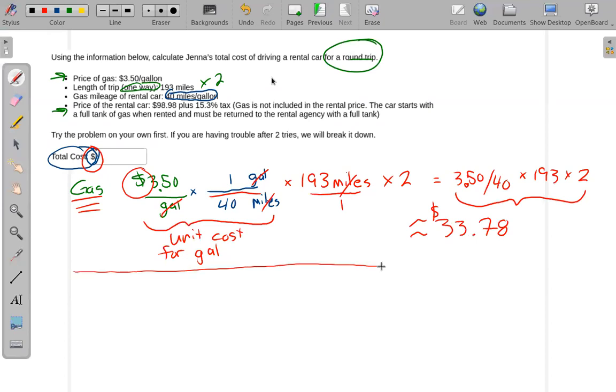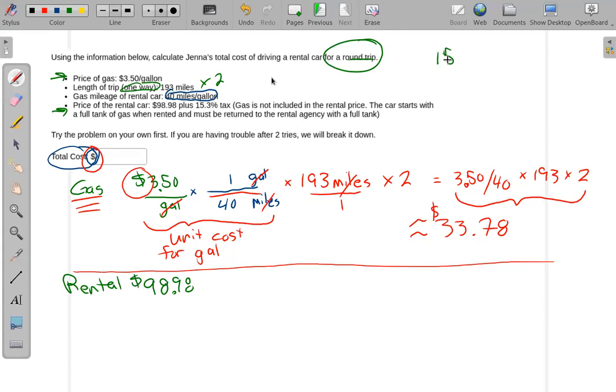Then we need to combine that with the cost of the rental car. So the rental car is $98.98. Gas not included. The car starts with a full tank. And then we just have to return it with a full tank, right? We need to replace the gallons we use, and we just calculated the cost of that here. So we got that covered. So then my rental is 98.98, and I need to add on 15.3% tax.